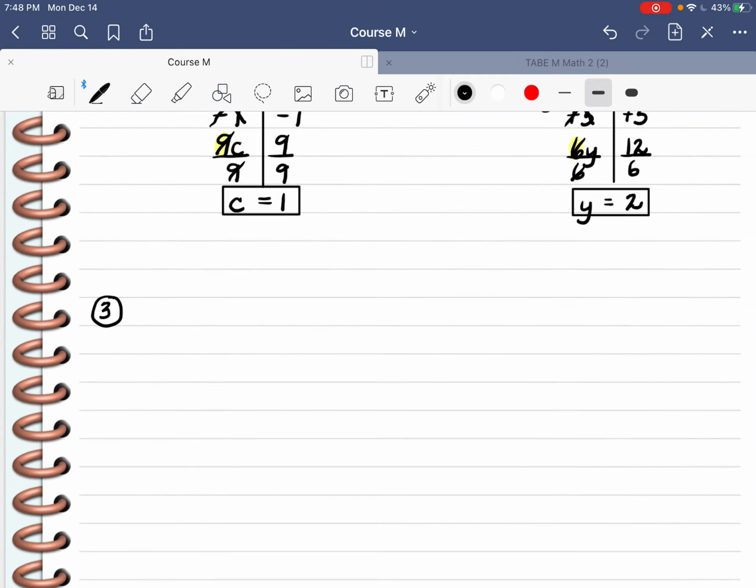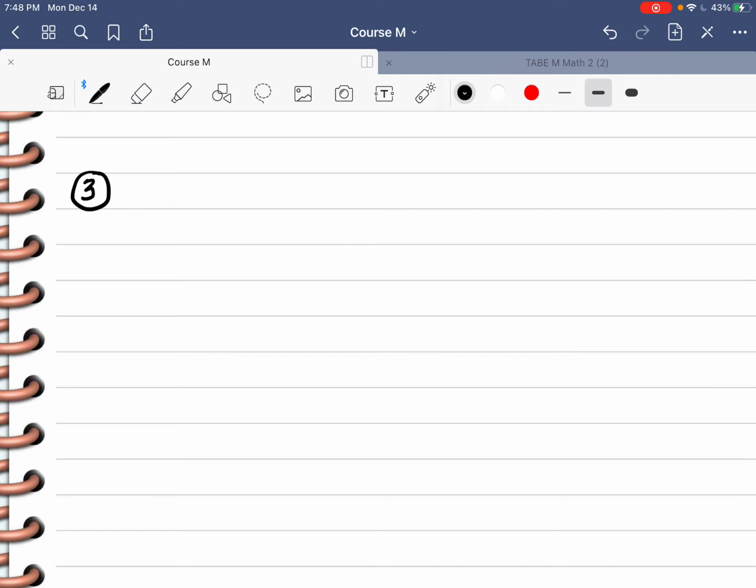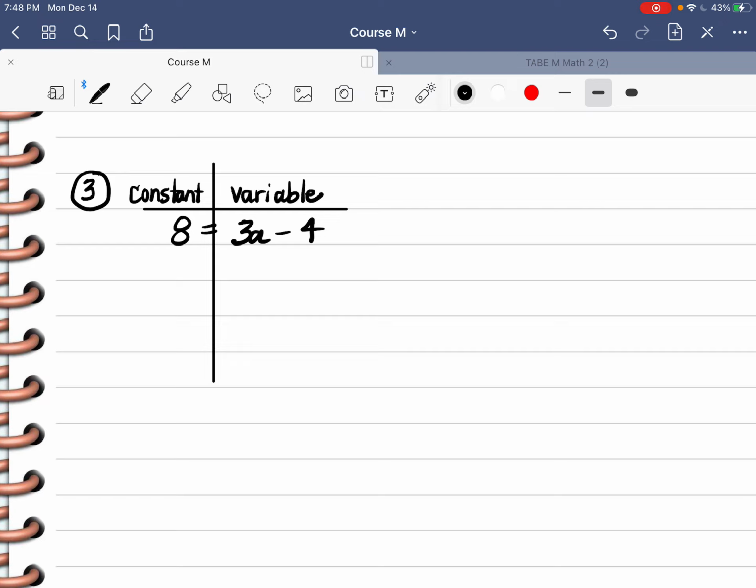Number 3. 8 equals 3a minus 4. Power t, and this time the constant is on the left and the variable is on the right. And I need to get this minus 4 over there to the constant side of things.